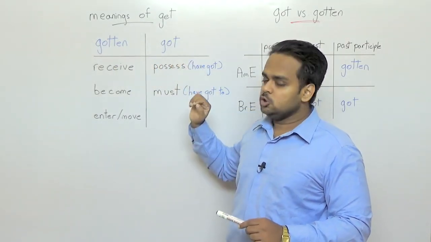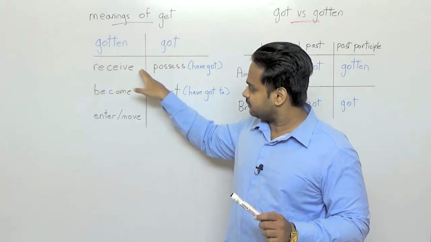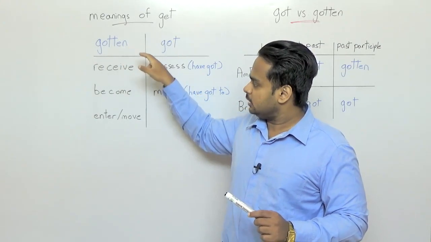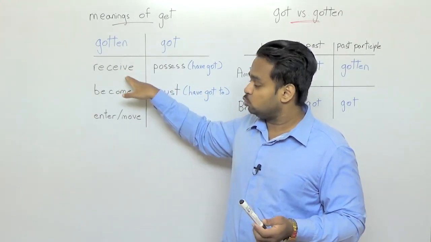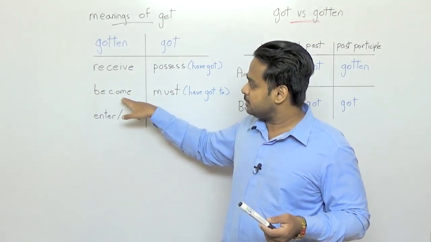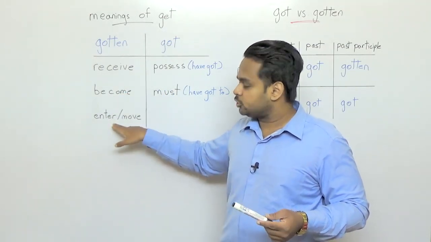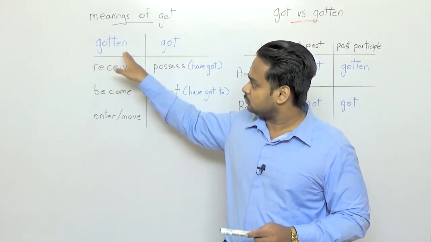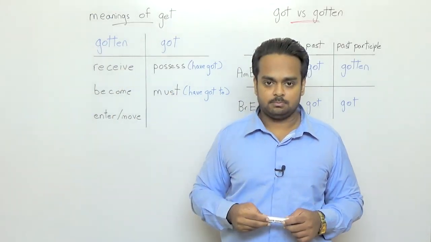That's because when we use the verb get, in any of these meanings, we use gotten. So when we say get to mean receive or obtain something, or we say get to mean become, or to enter a place or move, then we use gotten as the past participle form.